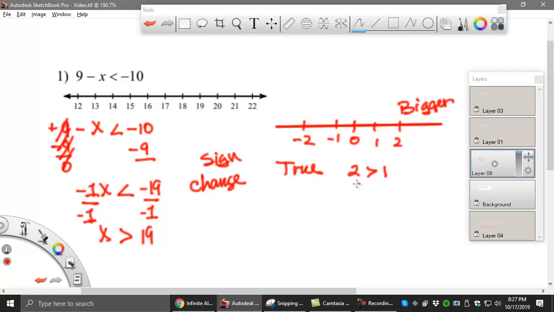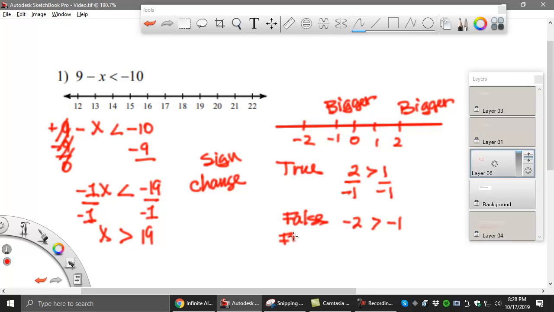Now, if I divide by -1, just like I did with the inequality that we're solving, look what happens to my numbers. There's a sign change. If you look at -2 and -1, you can see that -1 is bigger than -2 because it's to the right of -2. So that statement, -2 is greater than -1, is a false statement, so we have to fix it.